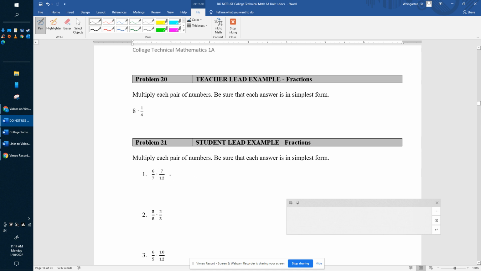So in the numerator, we have 6 times 7, and 6 times 7 is 42. In the denominator, we have 7 times 12, perfectly okay if you want to use your calculator. That's going to give us 84.